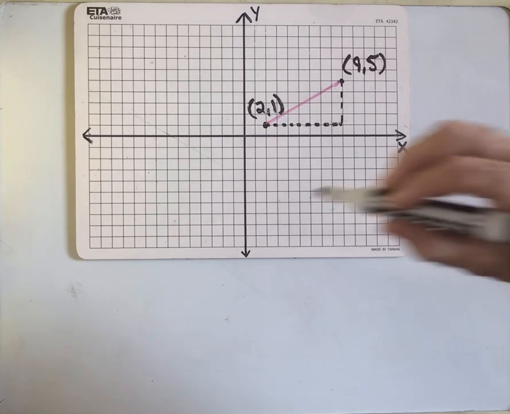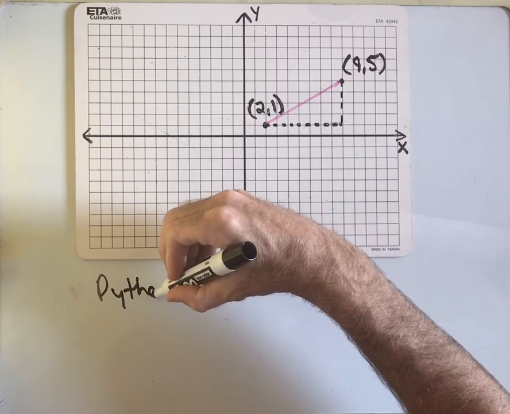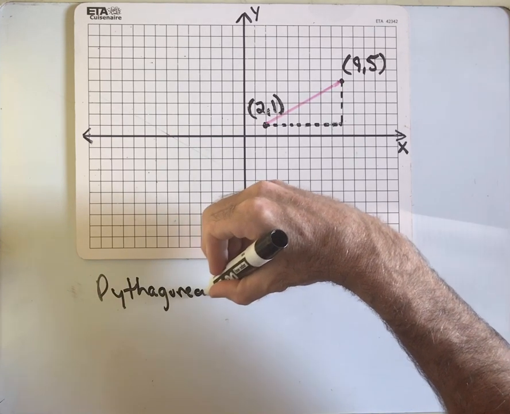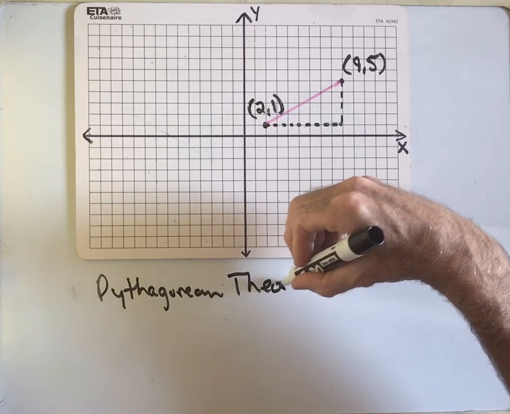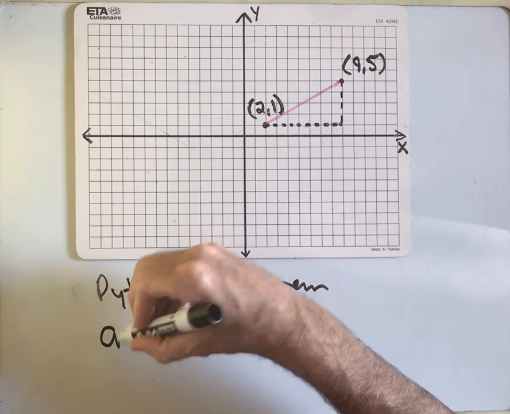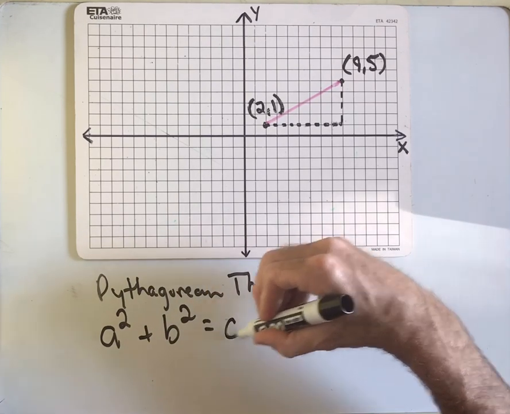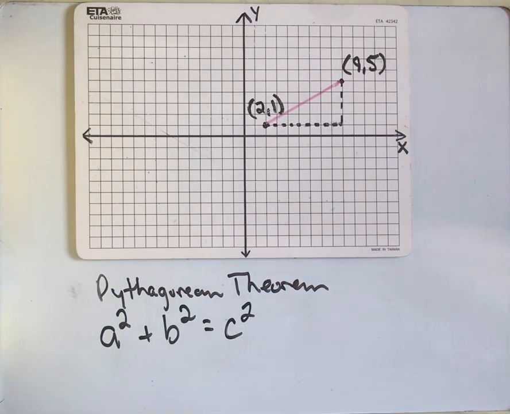So the Pythagorean theorem goes like this. We have a squared plus b squared equals c squared. Okay, what does that mean?